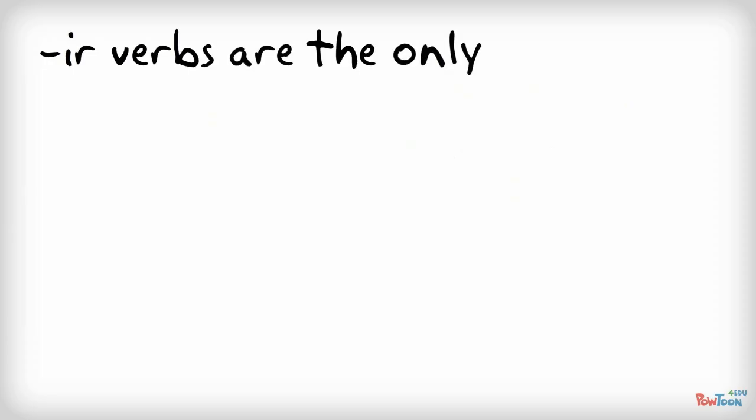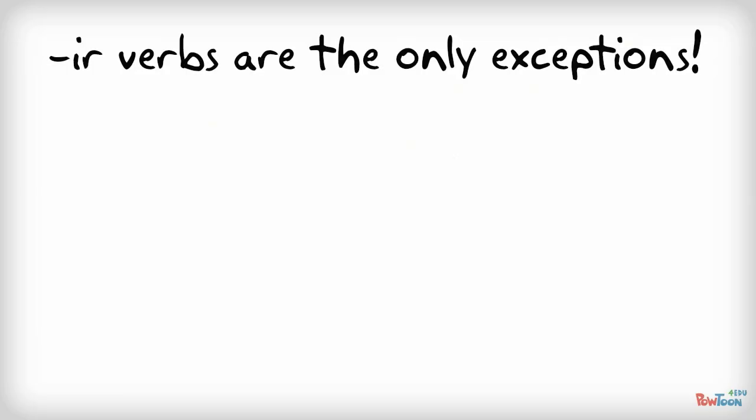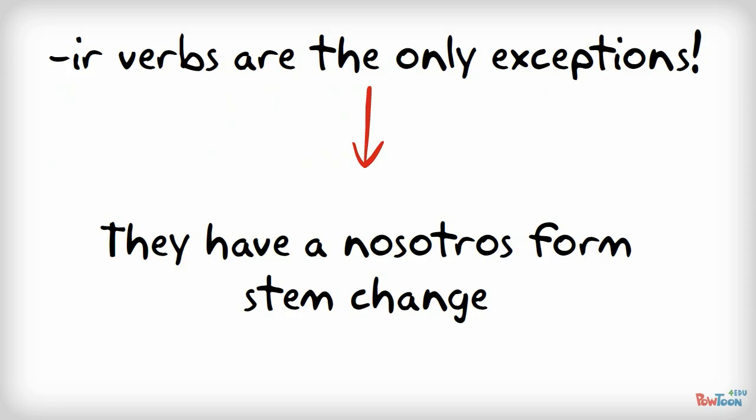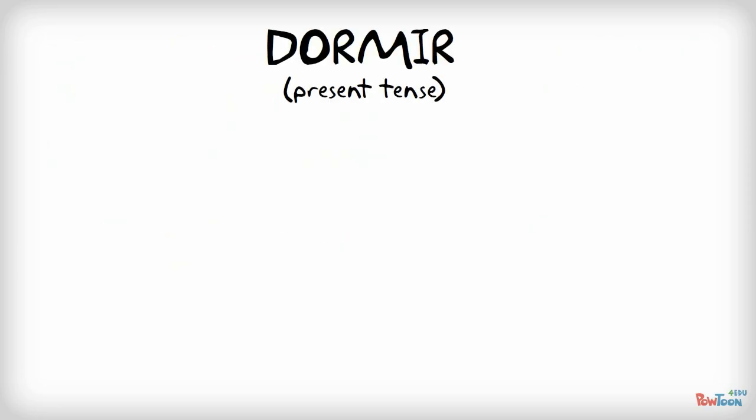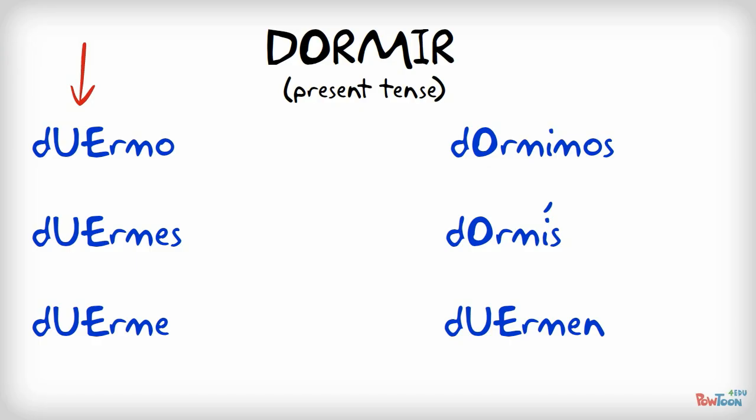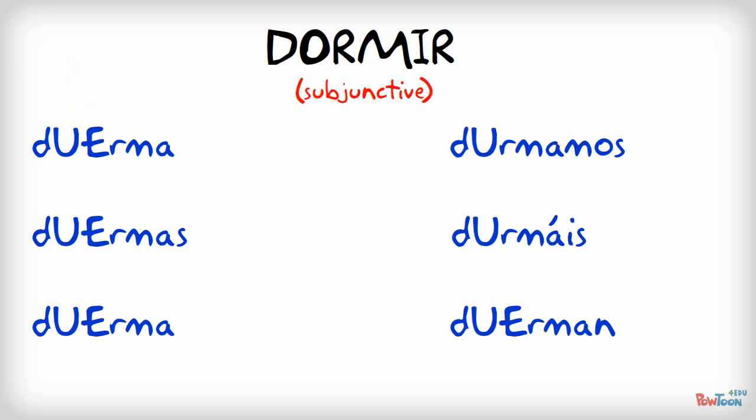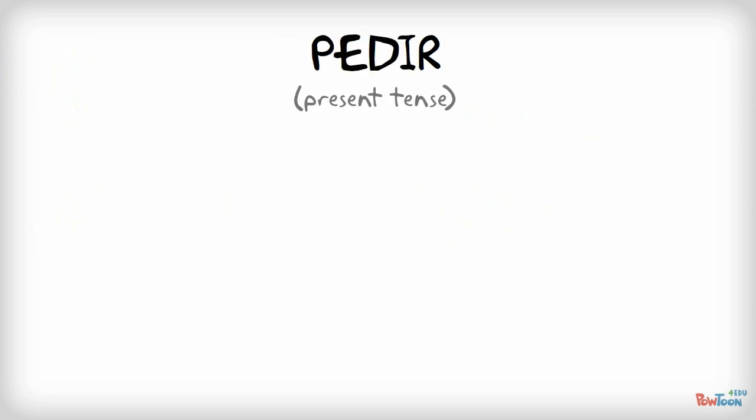There are only a couple exceptions to this, and they're for IR verbs only. IR verbs that are stem changing still have a stem change in the nosotros. So for example, dormir normally is an O to UE stem change, but for the nosotros, we will keep the U. We will not change it to O. Same thing with pedir.